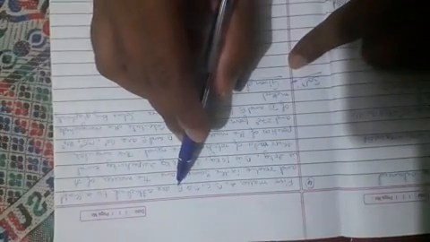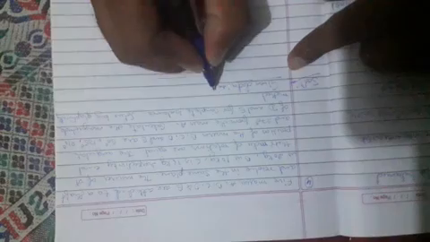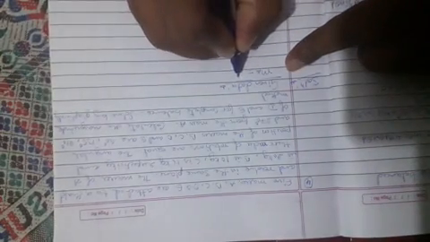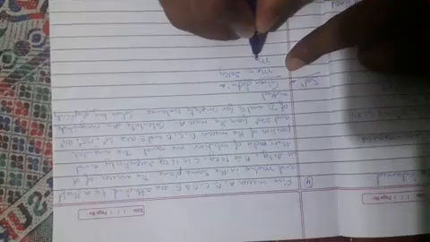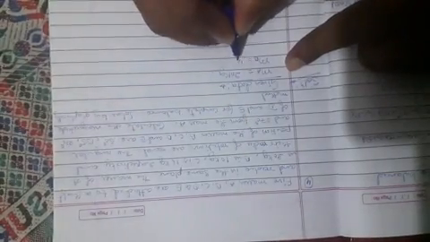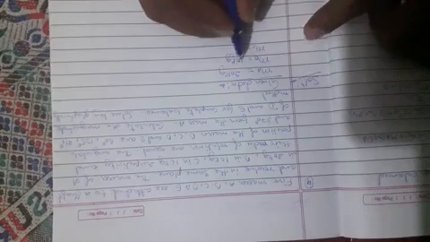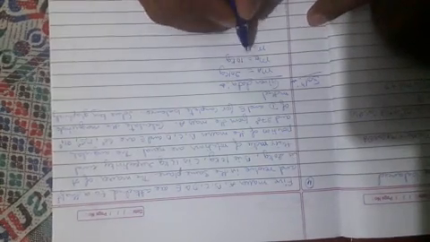M A is equal to 20 kg, M B equal to 10 kg, M C equal to 16 kg.